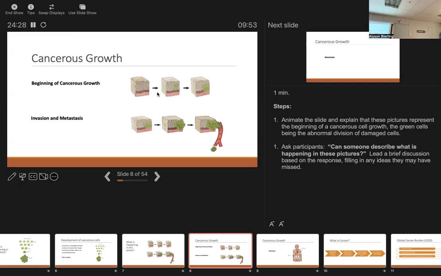With illnesses like HIV, the immune system is so suppressed that it is not able to recognize that this is a cancer cell.